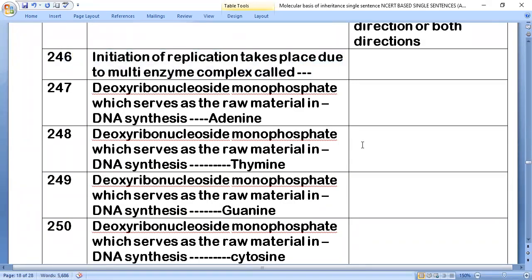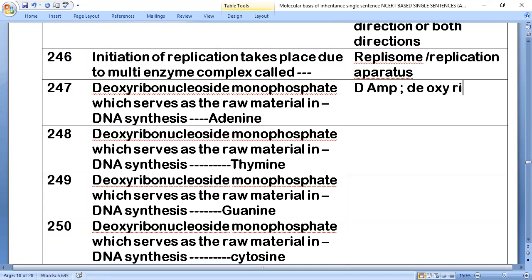Initiation of replication takes place due to a multi-enzyme complex called the replisome, or replication apparatus. The deoxyribonucleoside monophosphate which serves as a raw material in DNA synthesis for adenine is dAMP, deoxyriboadenosine monophosphate.